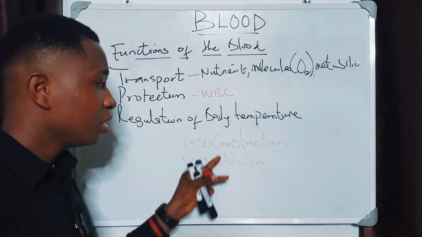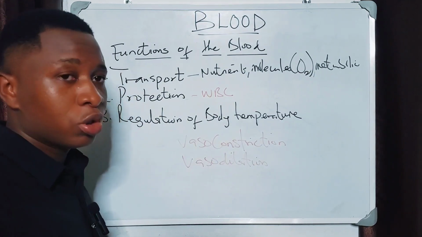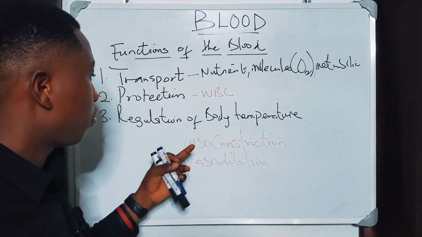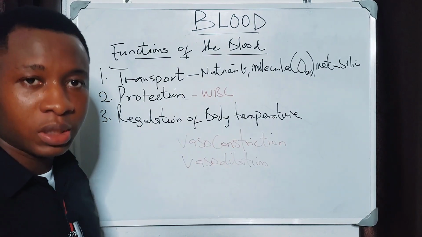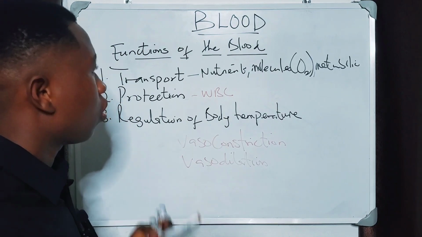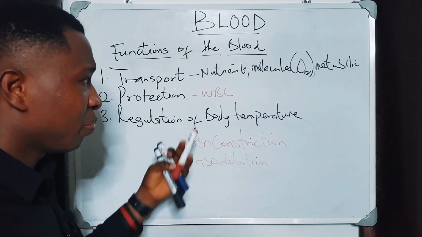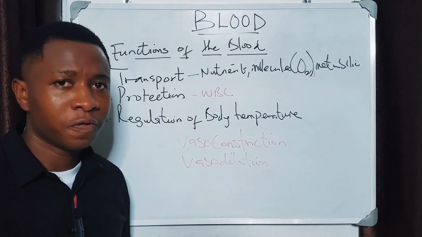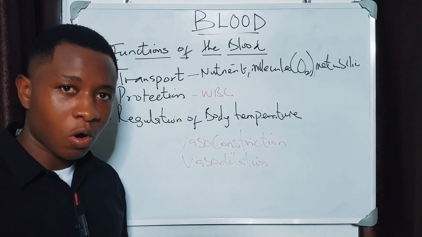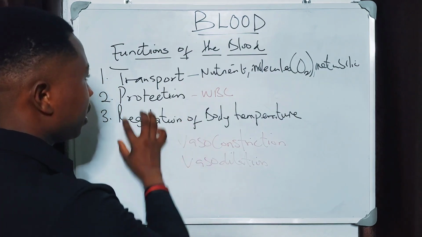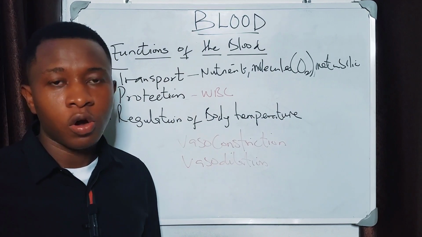So these are methods the blood uses to regulate the body temperature. These are the basic functions of the blood. We have lots of functions, but all of them are embedded in these three major functions.